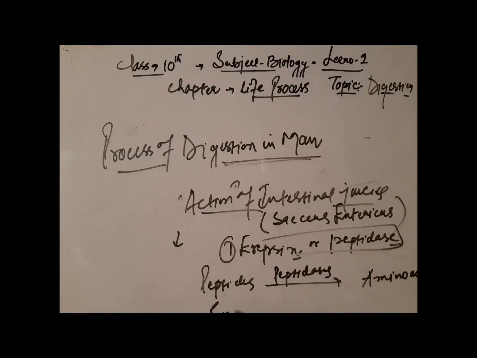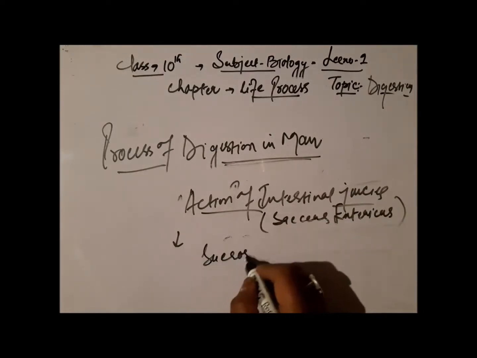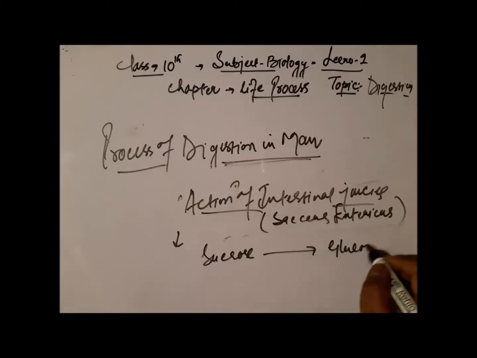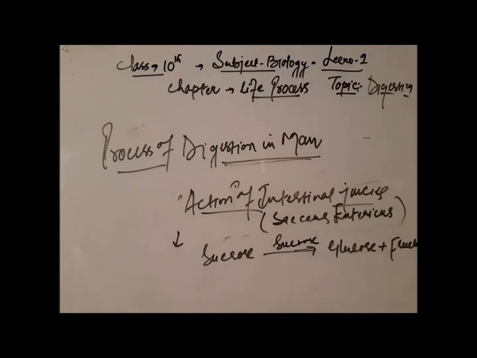In the same way, sucrose gets converted into glucose and fructose in the presence of sucrase. These were the intestinal juices that are present in the intestine. And in the intestine, the food gets completely absorbed. As we know, the absorption of food takes place in the small intestine.